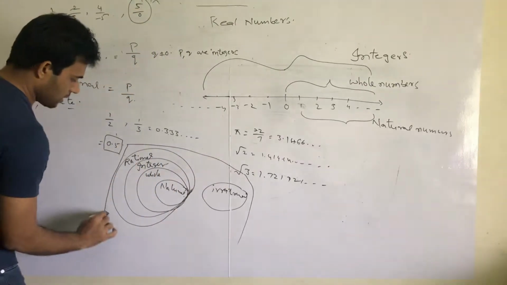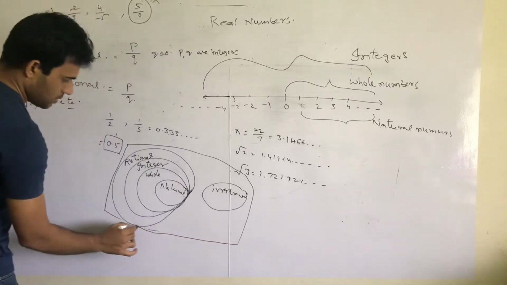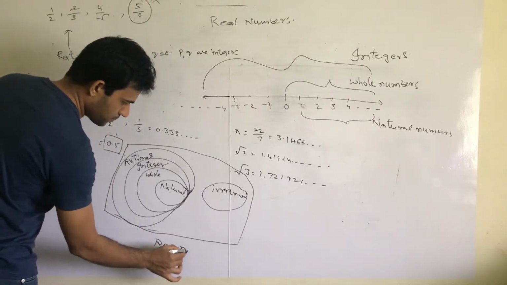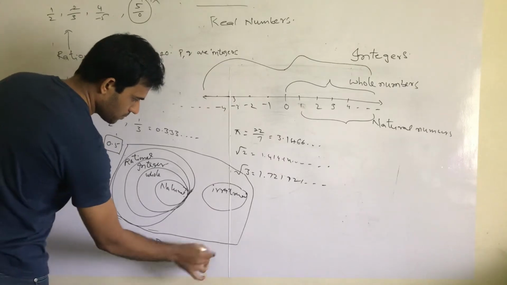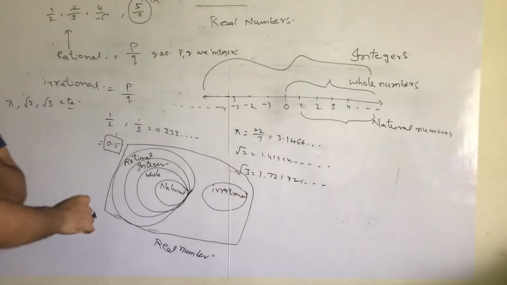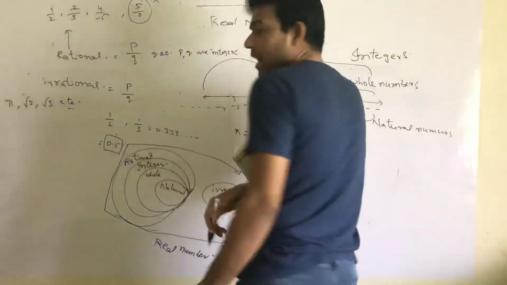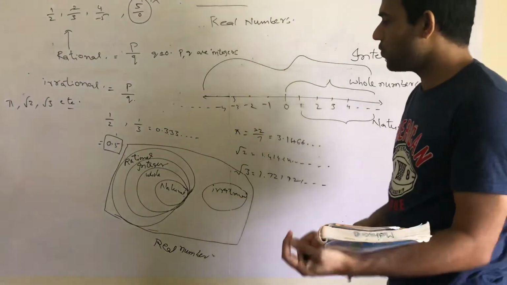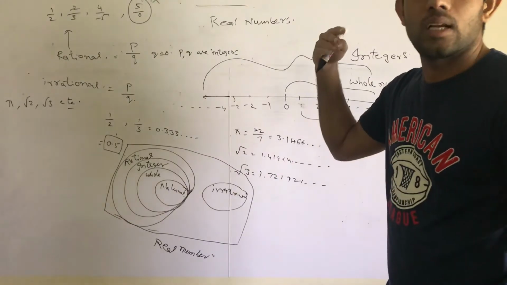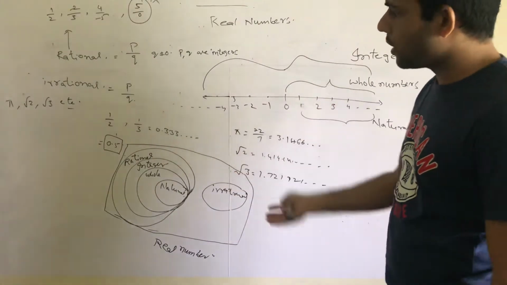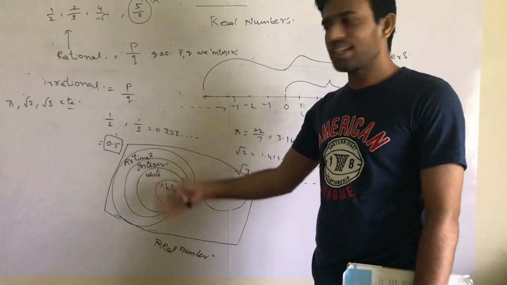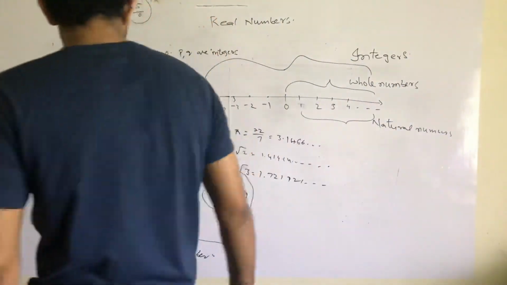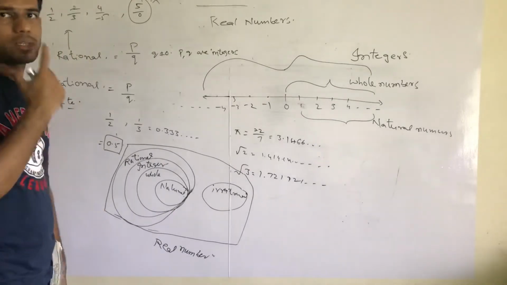Okay, if I write like this, so this is the real number. Okay, hope you understand now. So real number is a set of everything. It is the union of natural numbers, whole numbers, integers, rational and irrational numbers. Everything put together is called the real number.